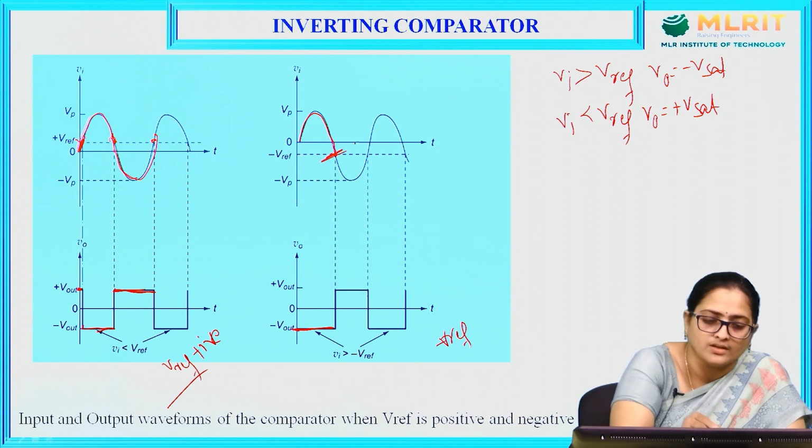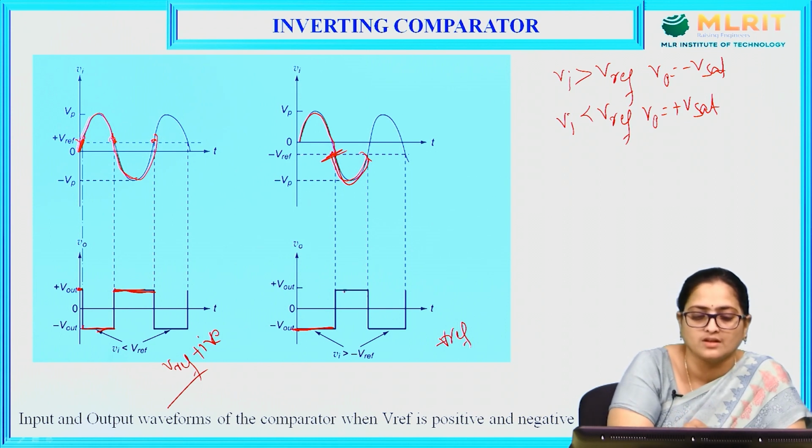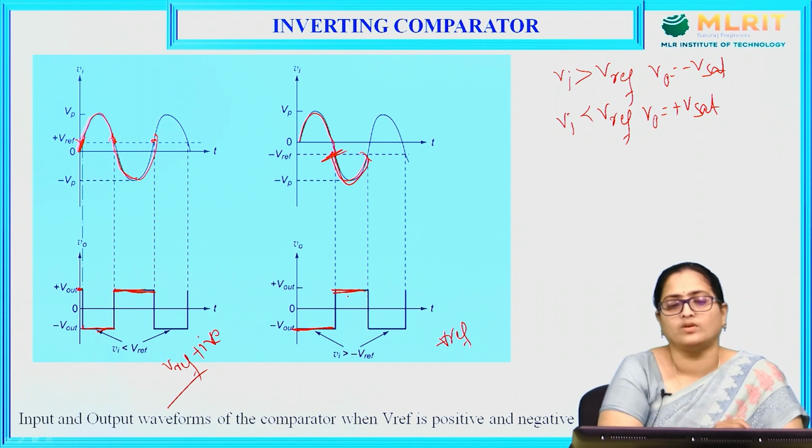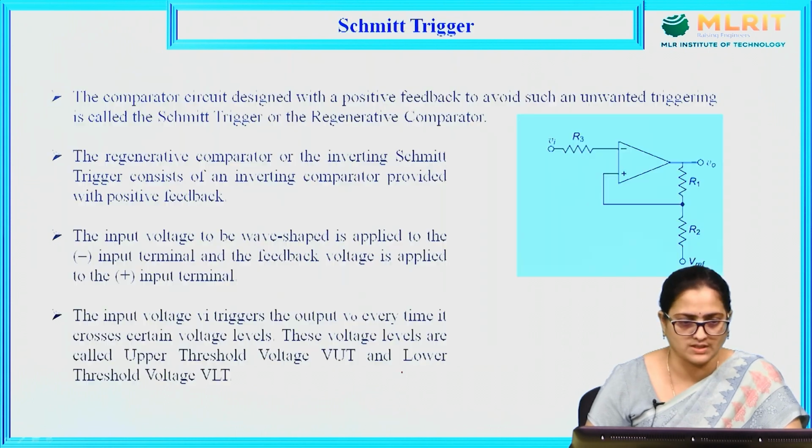Again, from here to here, your V in is less than V reference, minus V reference, so it is producing a plus V sat. So, this is how an inverting comparator output will be provided depending upon Vi and V reference.